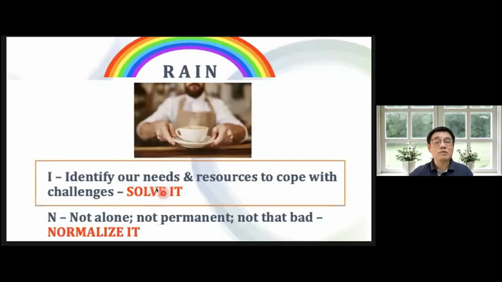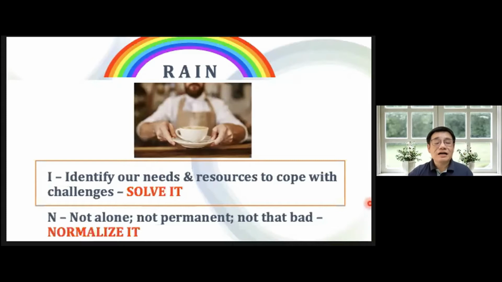So under solving problem, now our mind is clearer, our body relaxed, mind is clearer with all the mindfulness practice. Then we got to ask ourselves, what are our needs? So if you want to go for your COVID vaccination, what are the problems? What are the needs? Okay, and what are the resources? What kind of help do we need? So this is what we do in step 3.